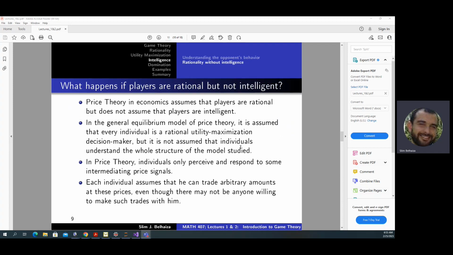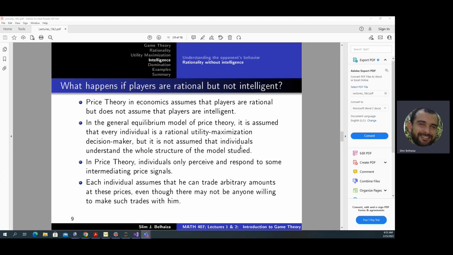What happens if players are rational but not intelligent? For example, in price theory, in economics, we assume that players are rational but not intelligent. In the general equilibrium model of price theory, it is assumed that every individual is a rational utility maximization decision maker, but it's not assumed that individuals understand the whole structure of the model studied.